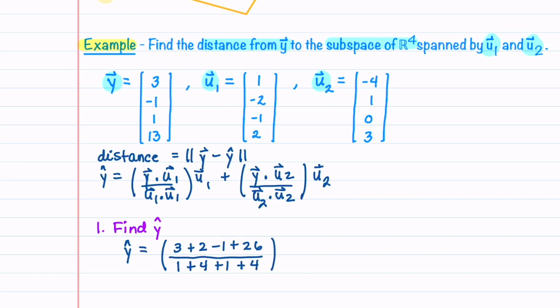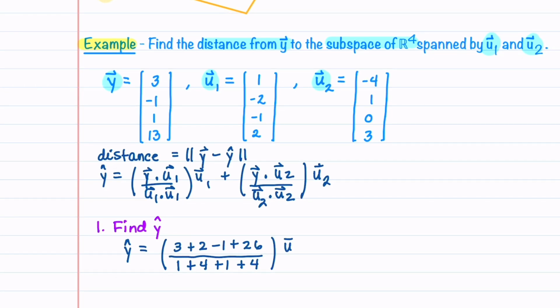And that gets multiplied by u1. And then let's compute these next dot products. Y dotted with u2 is going to be minus 12 minus 1 plus 0 plus 39. And in the denominator, we have u2 dotted with u2. So that's going to be a 16 plus 1 plus 0 plus 9. And that multiplies vector u2.